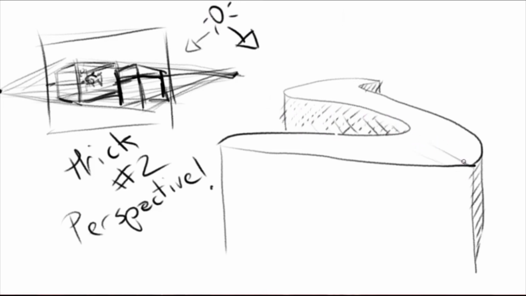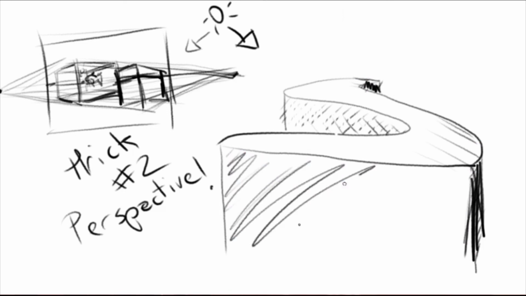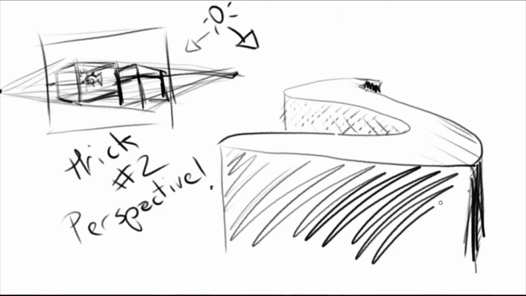And this may look a little bit more shadowy there. But this, in direct opposition, that is going to look a lot darker. That is going to give it more of a sense of dimension.